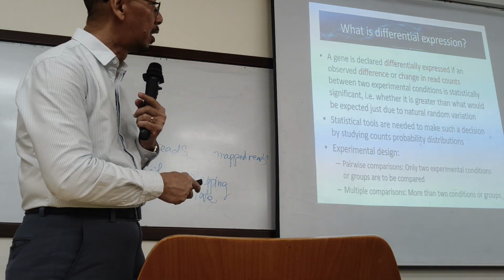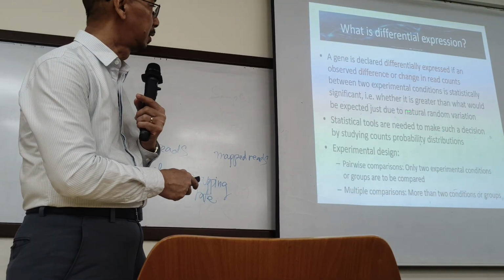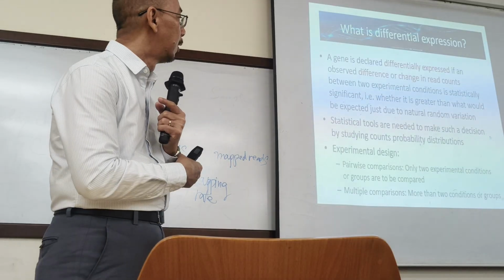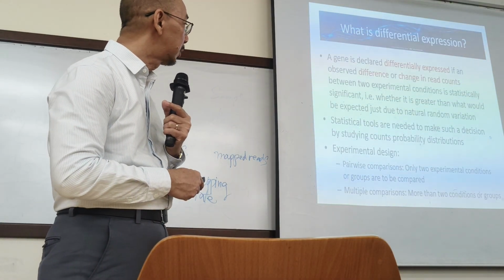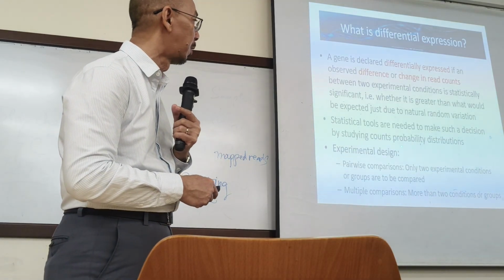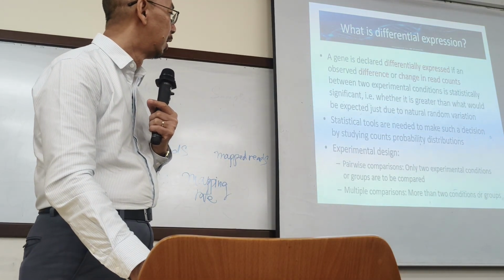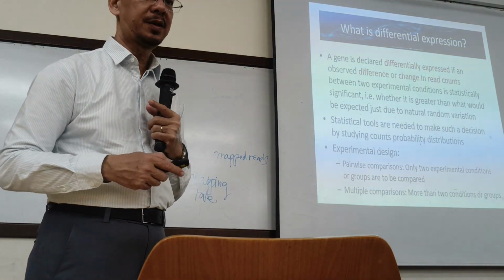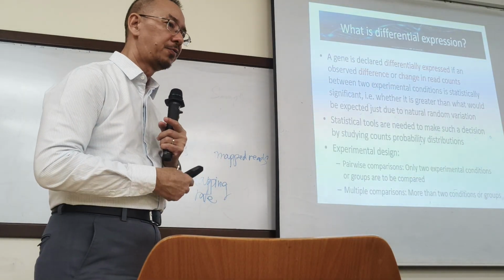Okay, we have to go with the statistical test to see the difference. A statistical tool is needed to make such a decision by studying the count probability distribution. And the statistical test depends on experimental design.